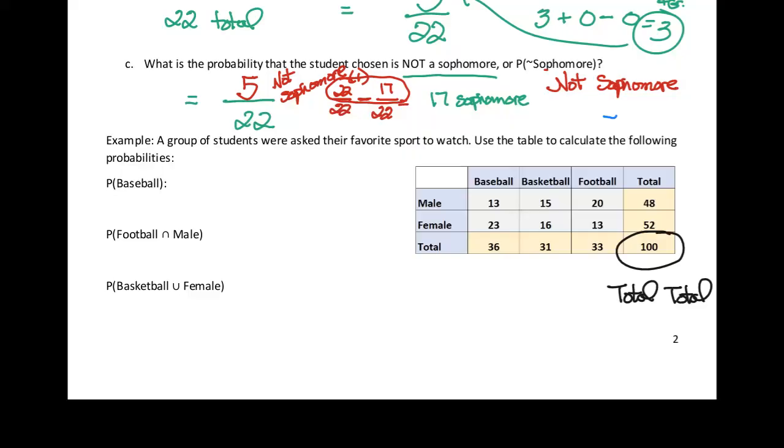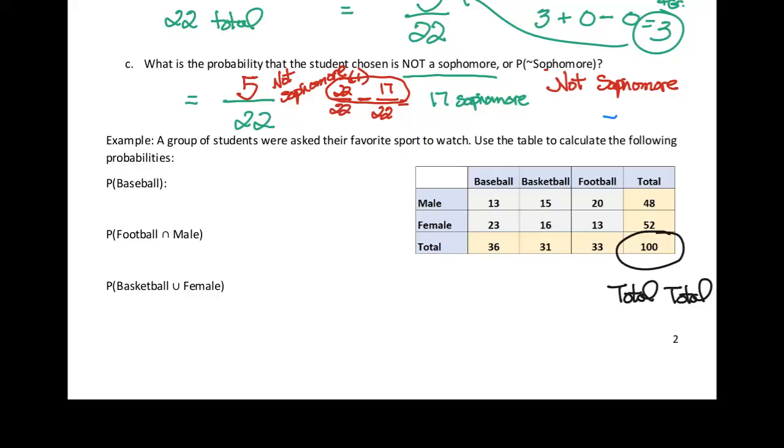Because I call it the total because that is the total number of people taking the survey this way that are males and females, and it's the total number that say their favorite sport is baseball, basketball, or football, okay?